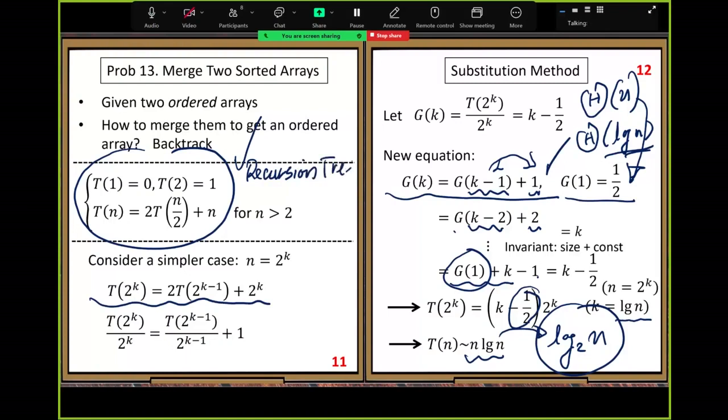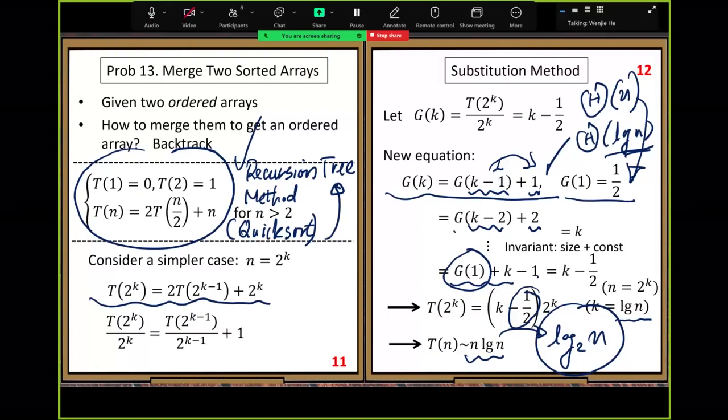But later in quicksort, we need to do this same thing again.